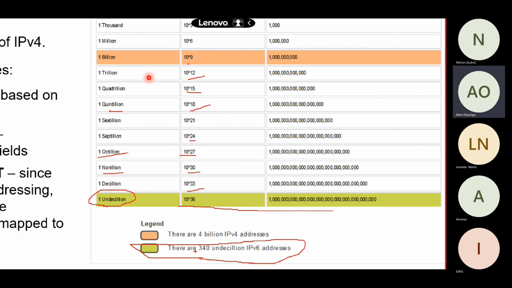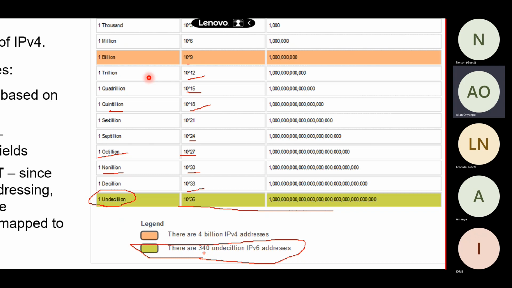Like I was telling, someone actually jokingly says that there are so many IP version 6 addresses that if you can count the number of sand grains in all the continents of the world, then that is the number of IPv6 addresses that you do have.